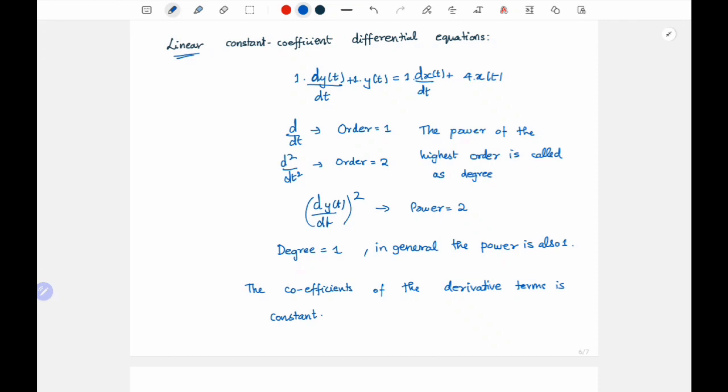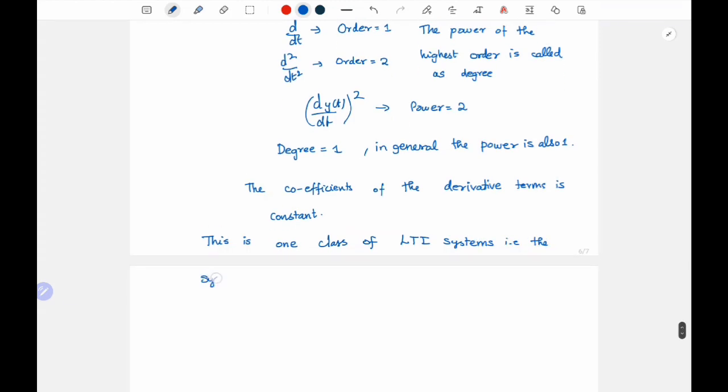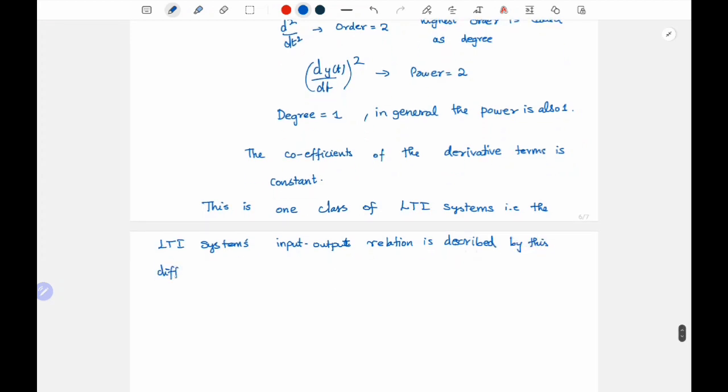Okay. And actually this is one class of linear time invariant systems. That is, the LTI system's input-output relation is described by this differential equation.